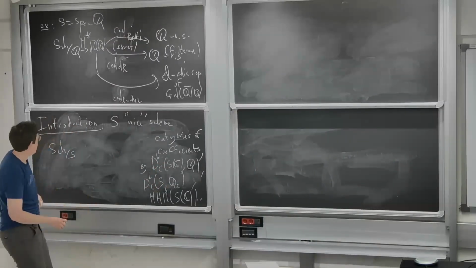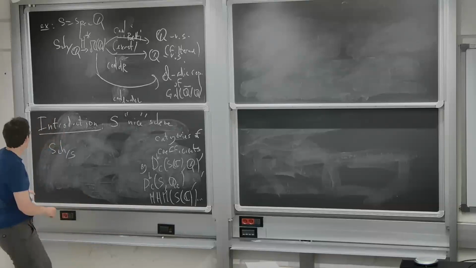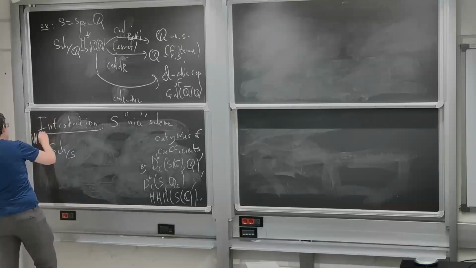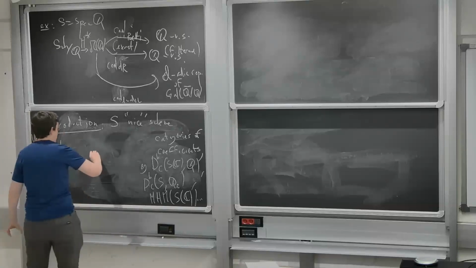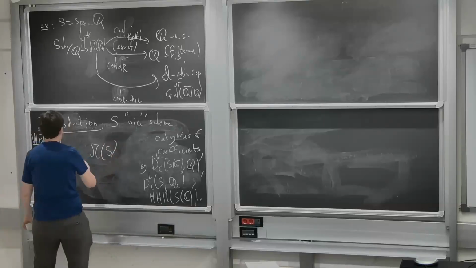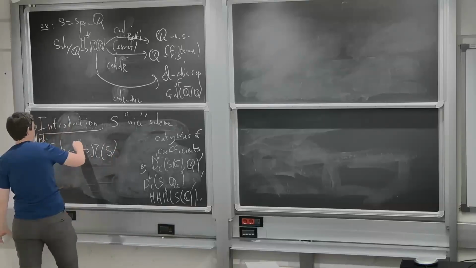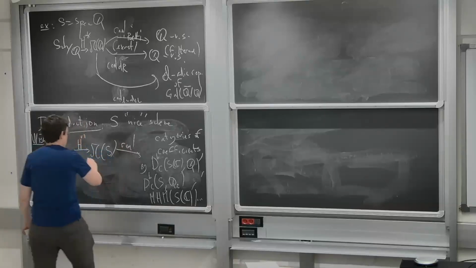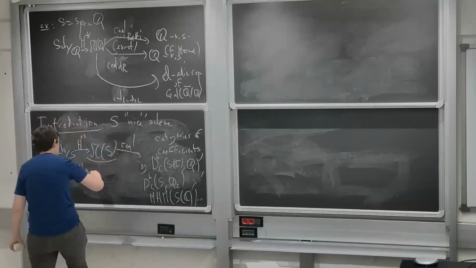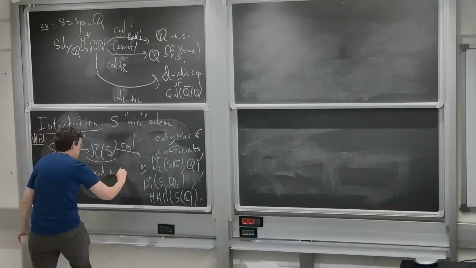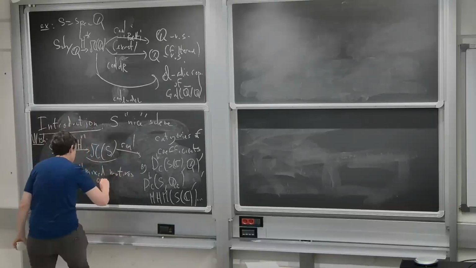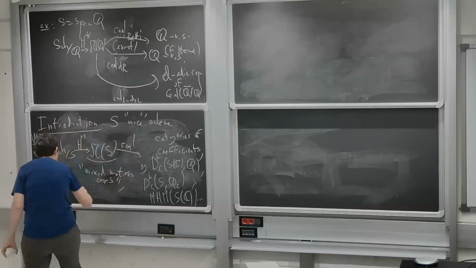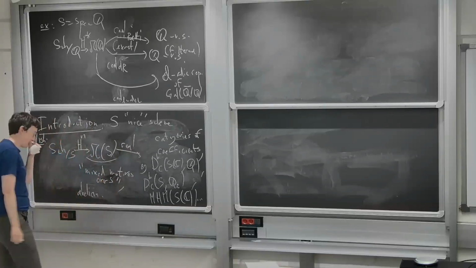And so I guess the wish is that there should be here a category, the category of mixed motives over S. Now it's abelian, and it's supposed to have a bunch of properties that I'm going to recall now.